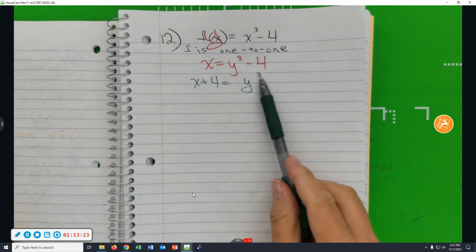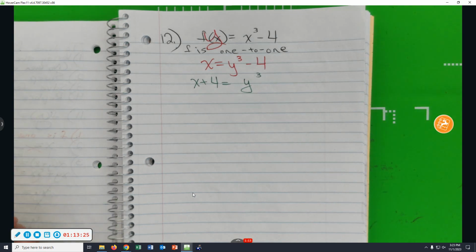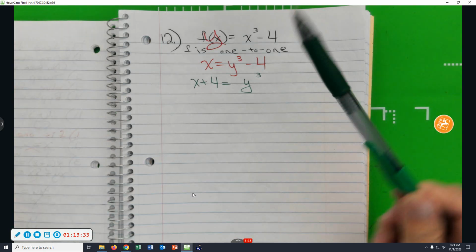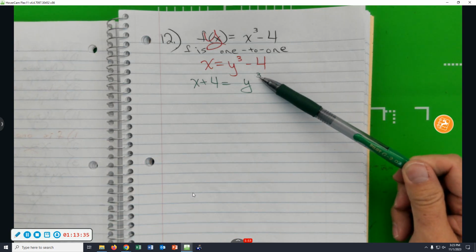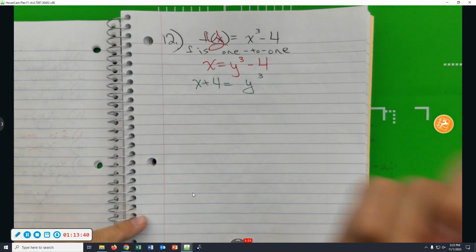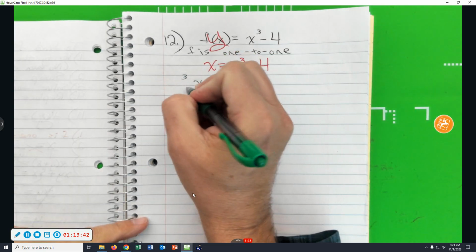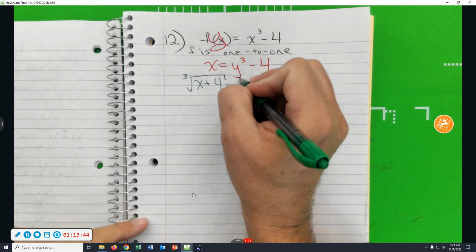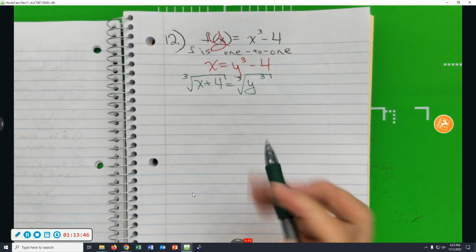But now I need to get rid of that cube. What undoes the cubing function? The cube root. Realize what you've just done. You've just now said that the inverse of the cubed function is the cube root function. That's what's happening here. We're using an inverse to find another inverse function.